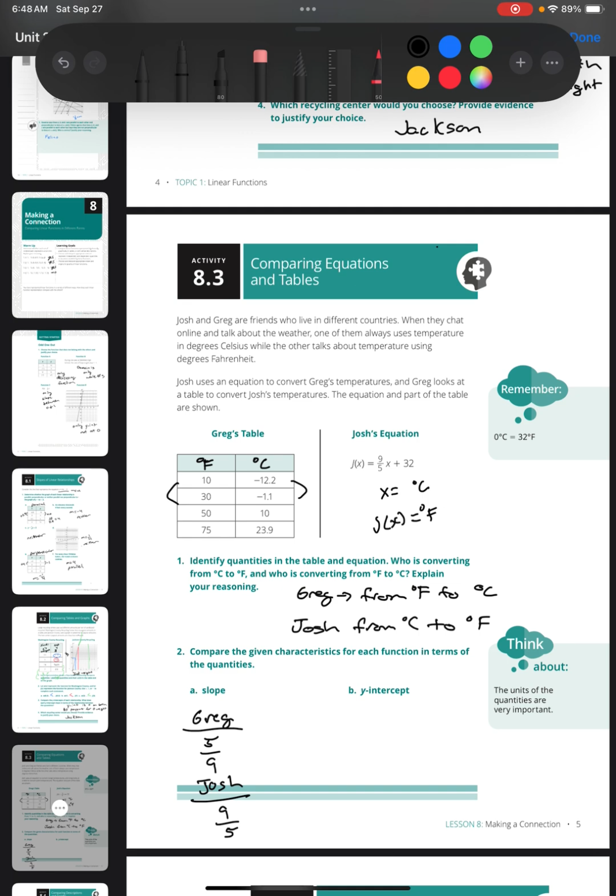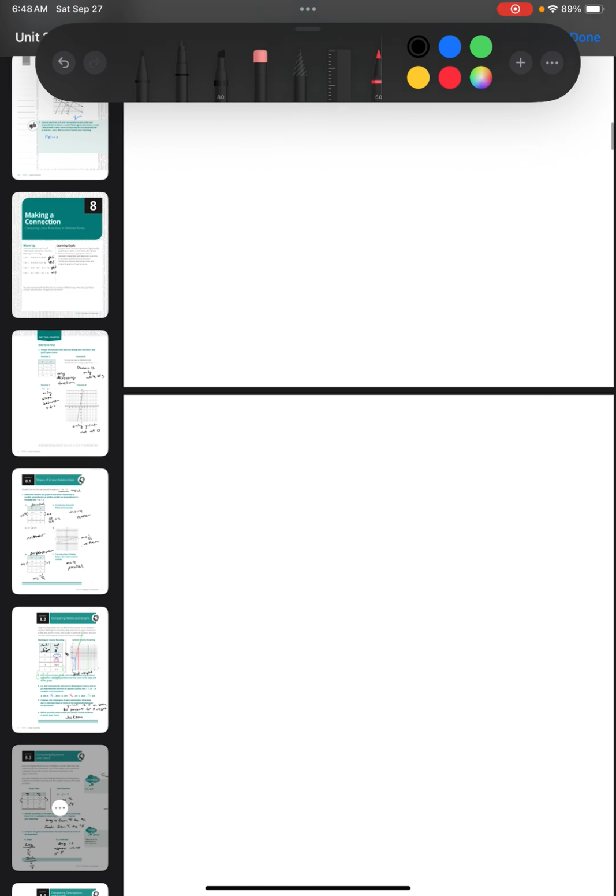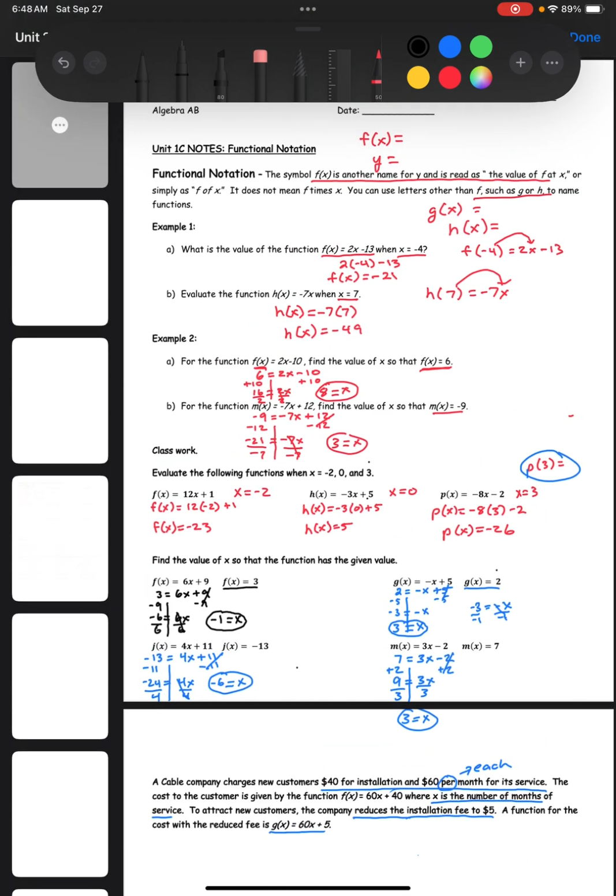Okay, for the y-intercept, Greg is approximately negative 17.75, which means 0 degrees Fahrenheit, sorry, my screen messed up.